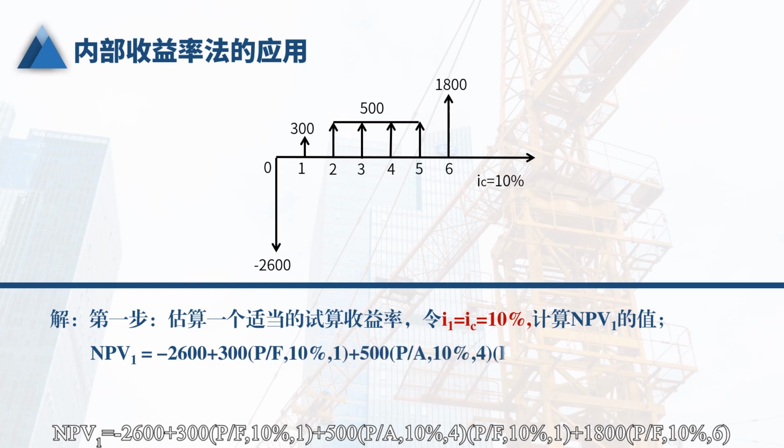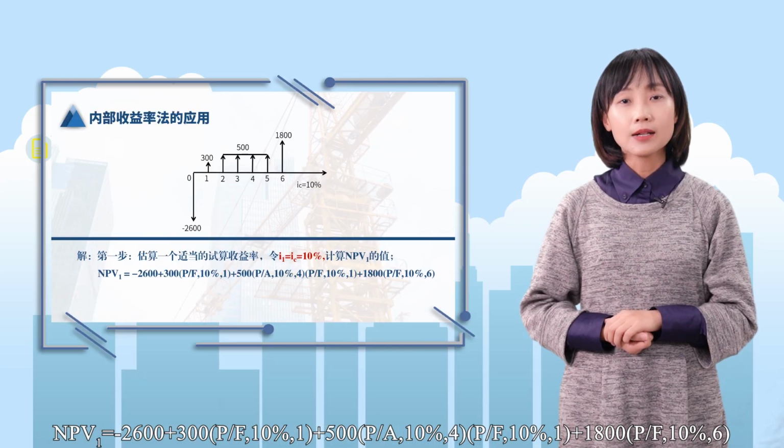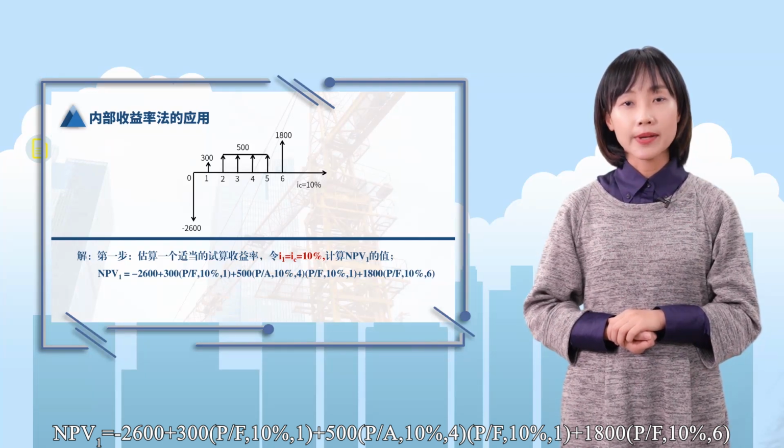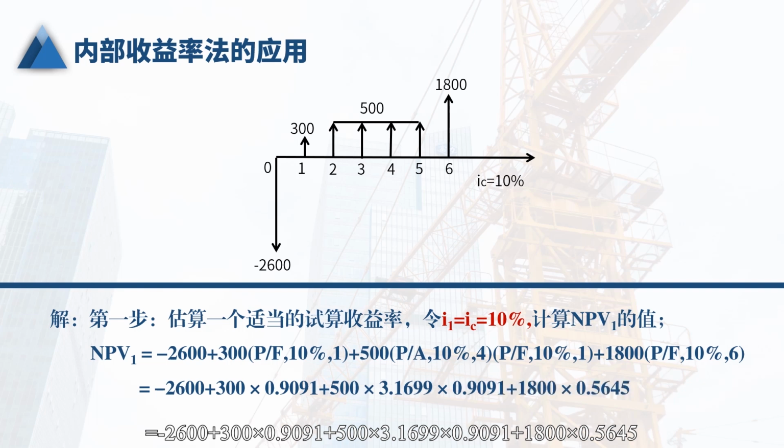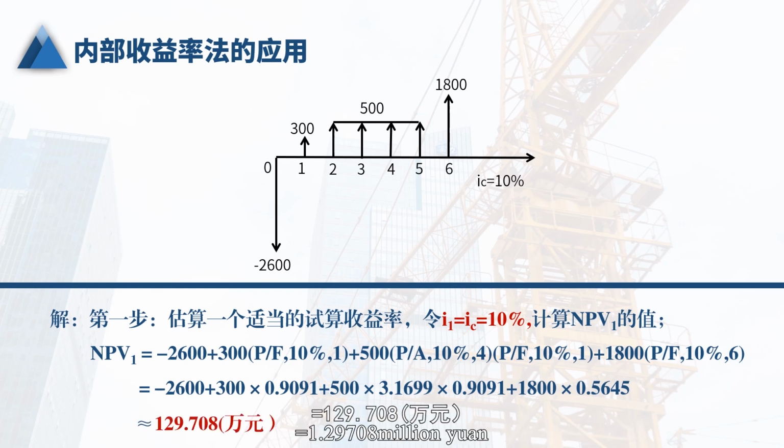NPV1 = -2,600 + 300 × (P/F, 10%, 1) + 500 × (P/A, 10%, 4) × (P/F, 10%, 1) + 1800 × (P/F, 10%, 6) = -2,600 + 300 × 0.9091 + 500 × 3.1699 × 0.9091 + 1800 × 0.5645 = 1.29708 million yuan.